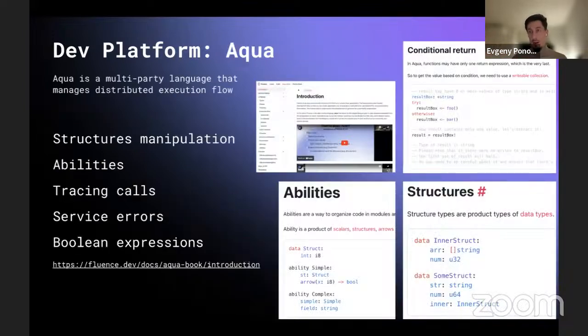The other thing is Aqua. Over the year, there was a bunch of updates with the Aqua language itself. New expressions were introduced. There was error and tracing handling, things like try, catch, otherwise. Abilities were introduced. There were features like manipulation of data structures.